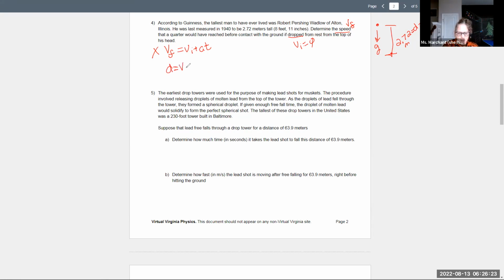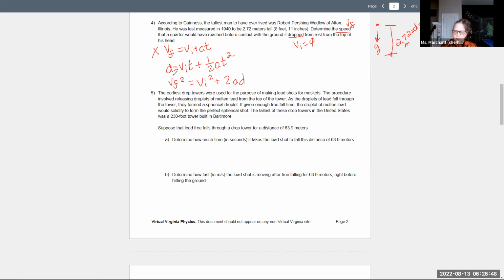So I'm going to just write down the equations that have distance. Distance equals velocity initial times time plus 1/2 AT squared. And the second one is V final squared equals V initial squared plus 2AD.